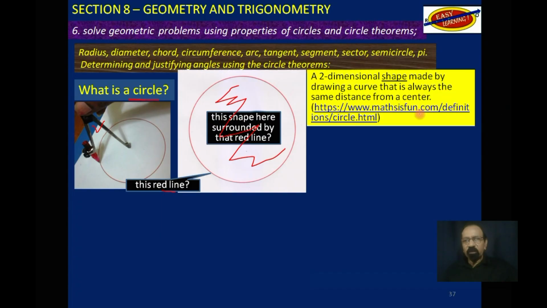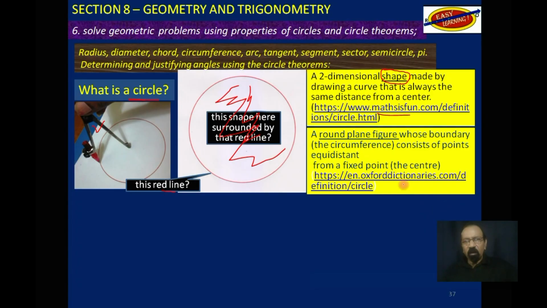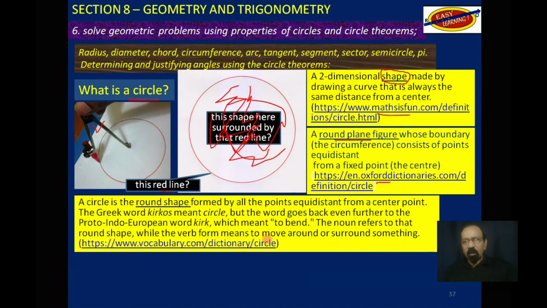So this dictionary here says it is the shape. It is a space within that red line. This other dictionary here says it is a round plane figure. So it is saying it is a space. This next one here says it is a round shape.